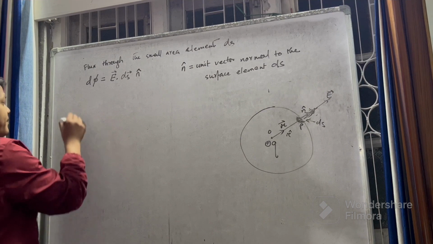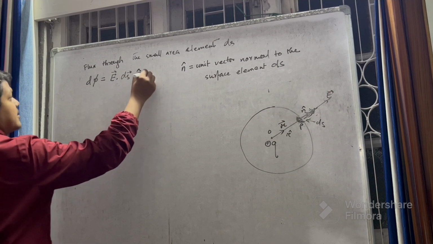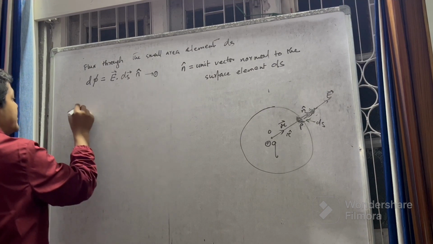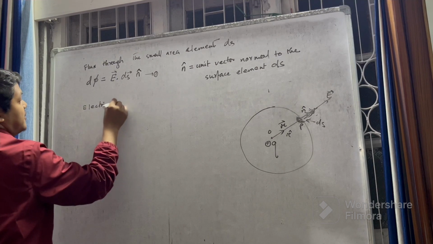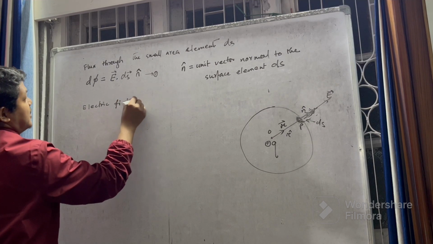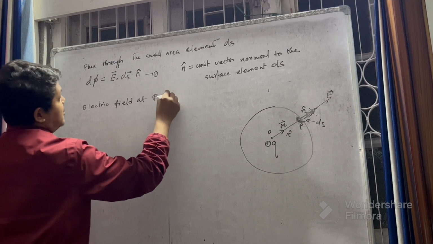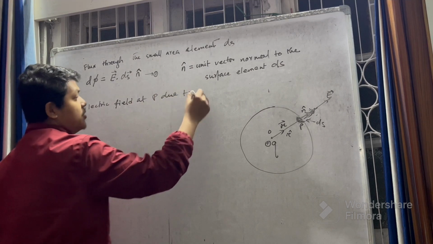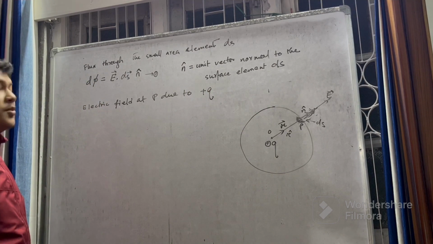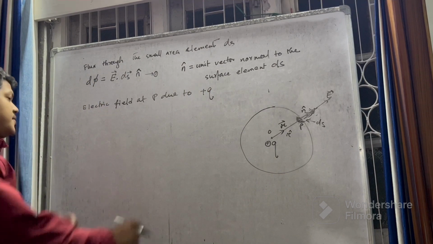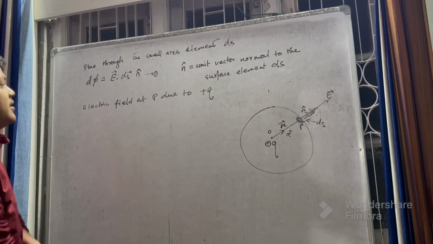So now you see, electric field, this is suppose equation number 1. Now electric field at P due to Q positive charge. We have already discussed how to find the electric field at a point due to a given charge.